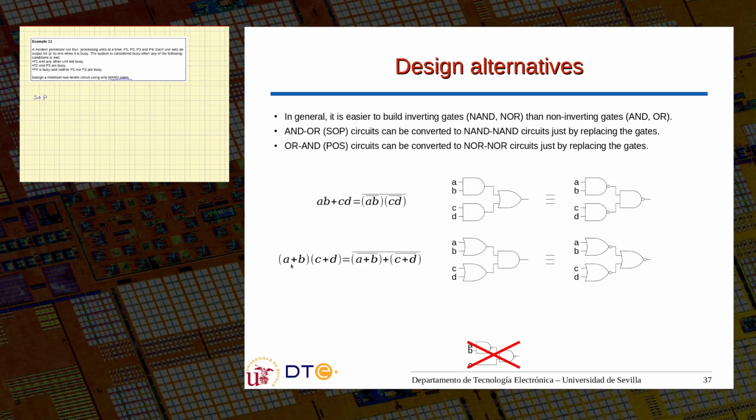And the same happens with the product of sums alternative. This product of sums I can directly implement using NOR operations, followed by inversion. There are some particular cases you have to consider: if I have a literal that goes directly to the output, when I transform to the inverting gate, I have to add an inverter here.